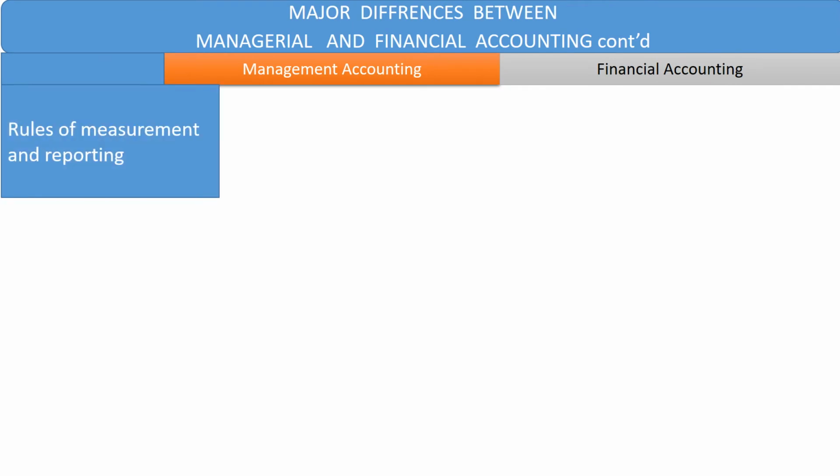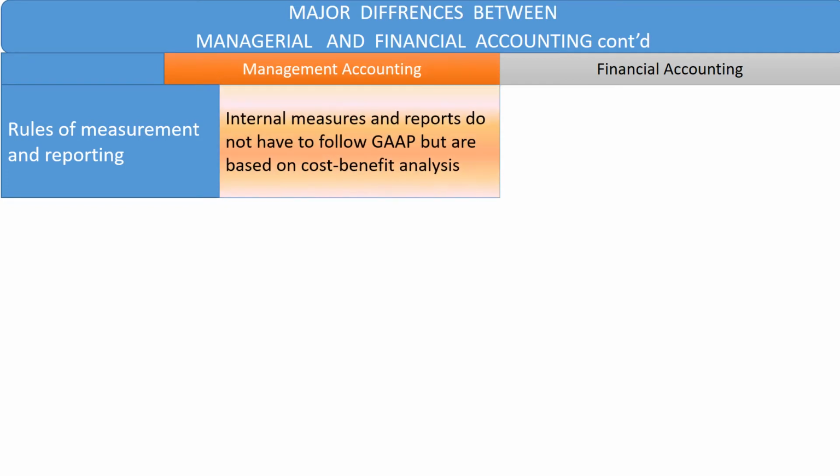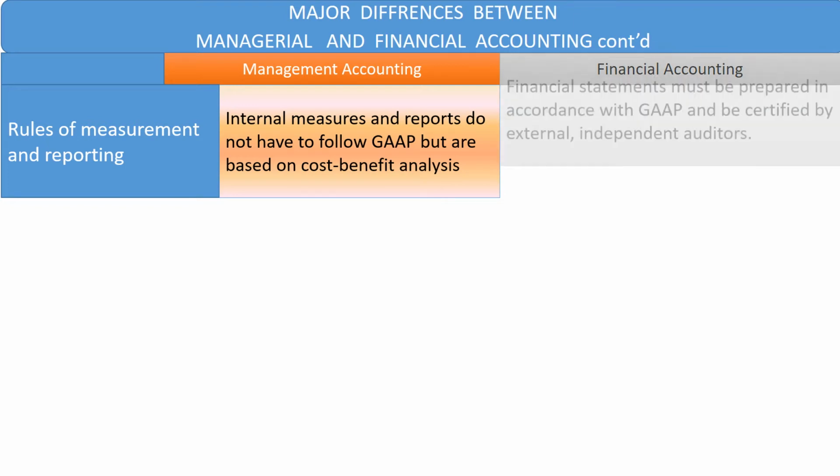From the point of view of the rules of measurement and reporting used in each system, we can see that in management accounting, internal measures and reports do not have to follow GAAP or IFRS, but are based on cost-benefit analysis.